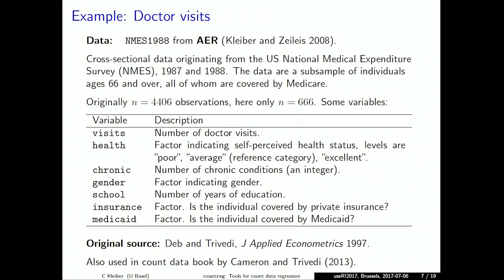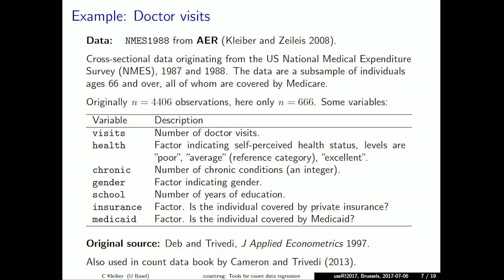So the data set I'm going to use is, as I said, from health economics. So the response is doctor visits. So you survey people and ask them how often did you see a doctor during the last 5 months or so. So that's a data set from a package on applied econometrics that's been around for almost 10 years.